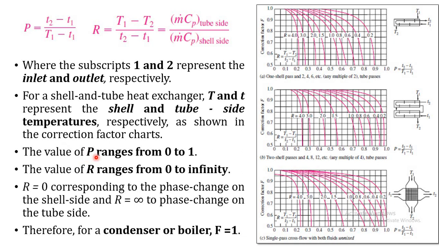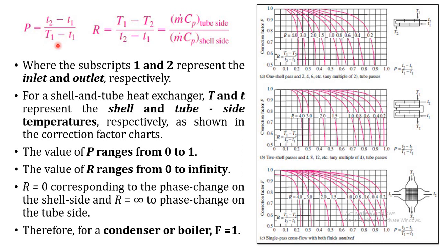The value of T ranges from 0 to 1 because the denominator, capital T1 minus small t1, is the maximum temperature difference available in the system. Capital T1 is the inlet temperature of the shell side fluid, and small t1 is the inlet temperature of the tube side fluid, so this is the maximum available temperature difference in the heat exchanger.